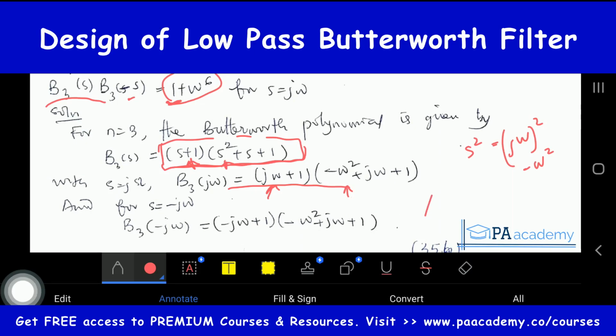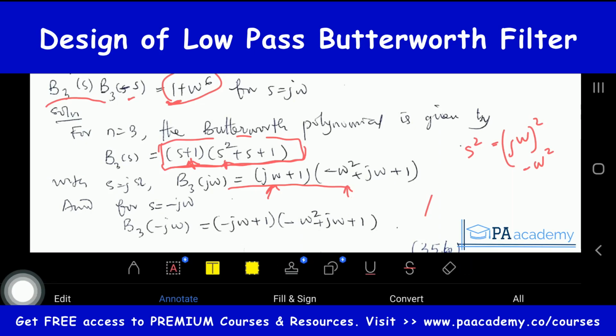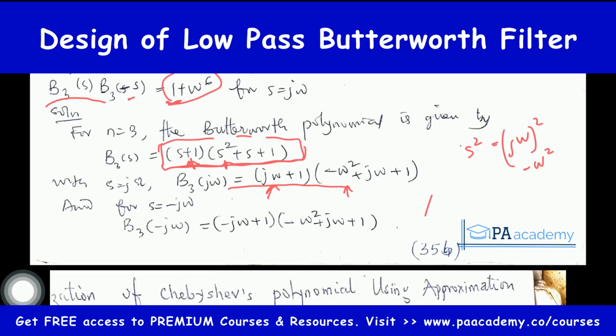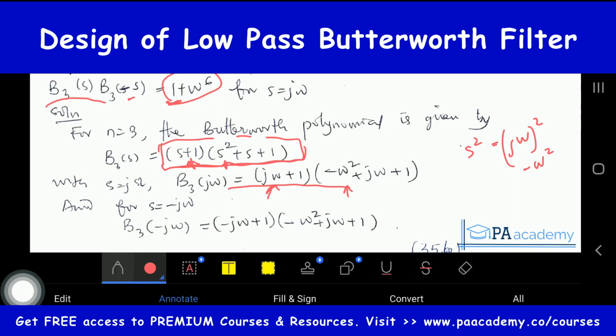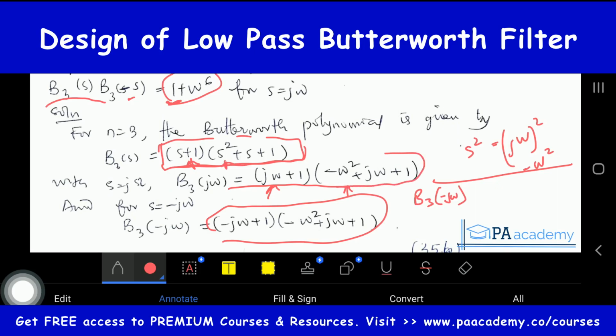The solution right here is not complete, but let me tell you the next step. Now we've gotten the value for our B3 of minus j omega, which is this value right here, and then we've also gotten the positive j omega, which is our value right here.